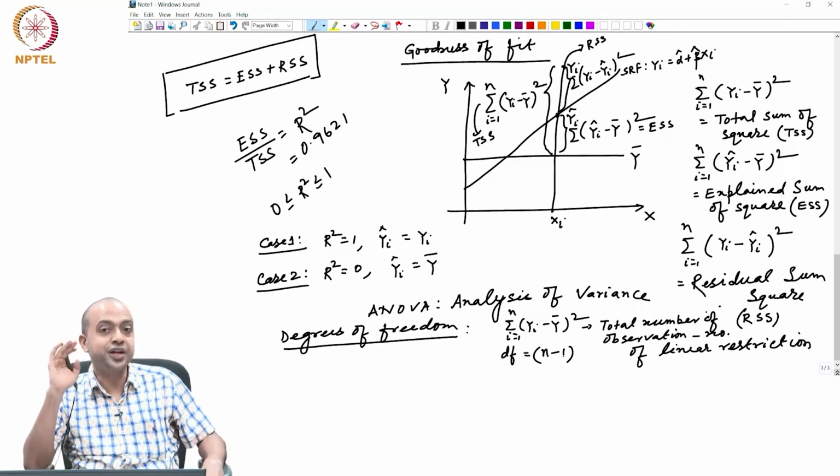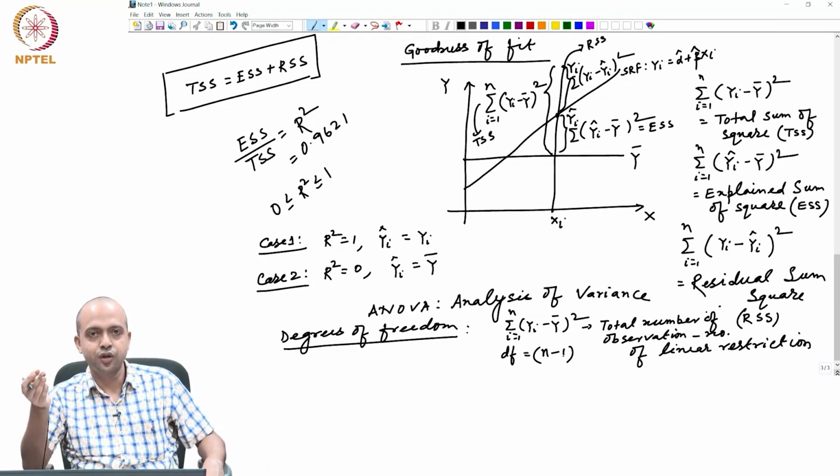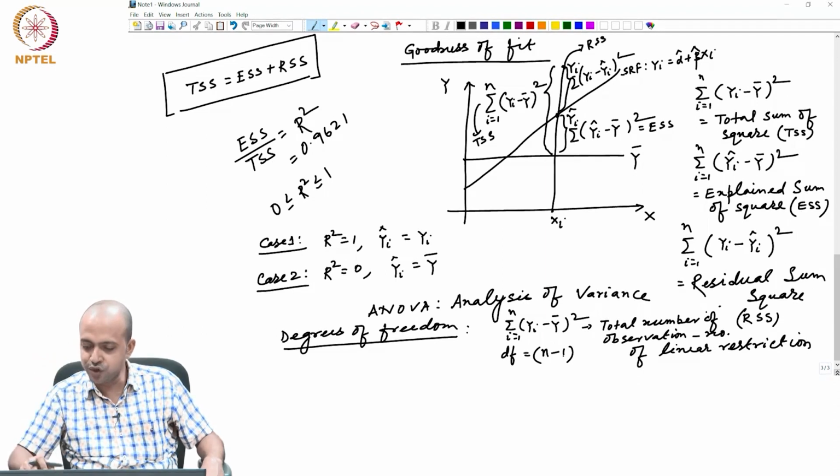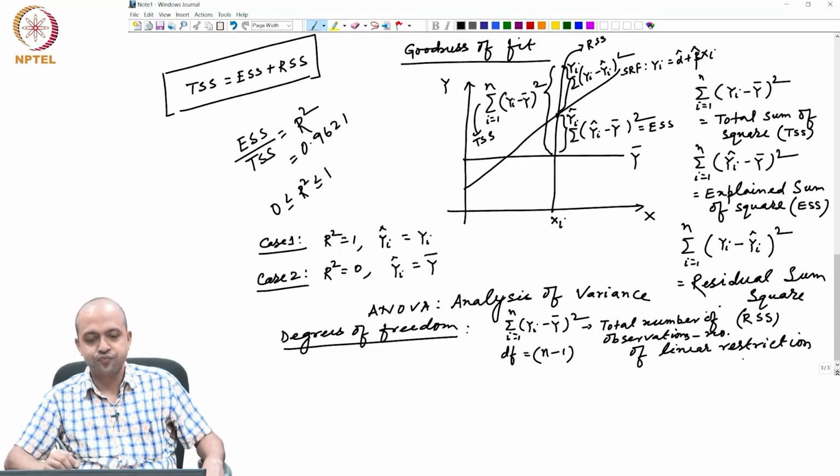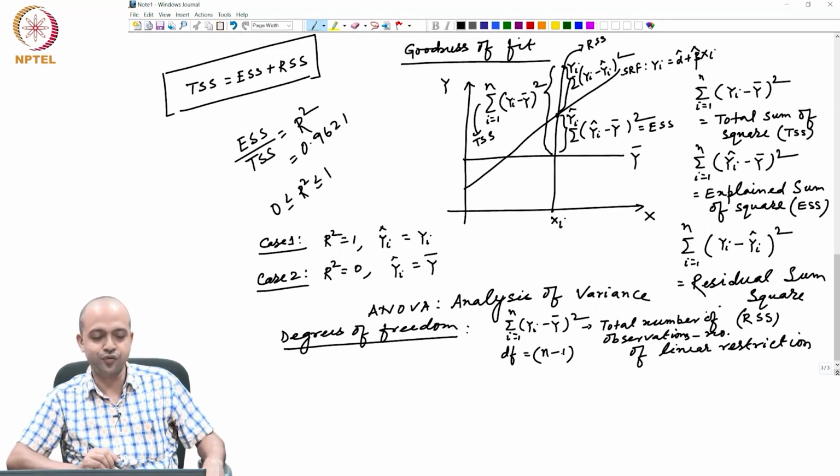That is the concept of degrees of freedom: total number of observations minus number of linear restrictions.